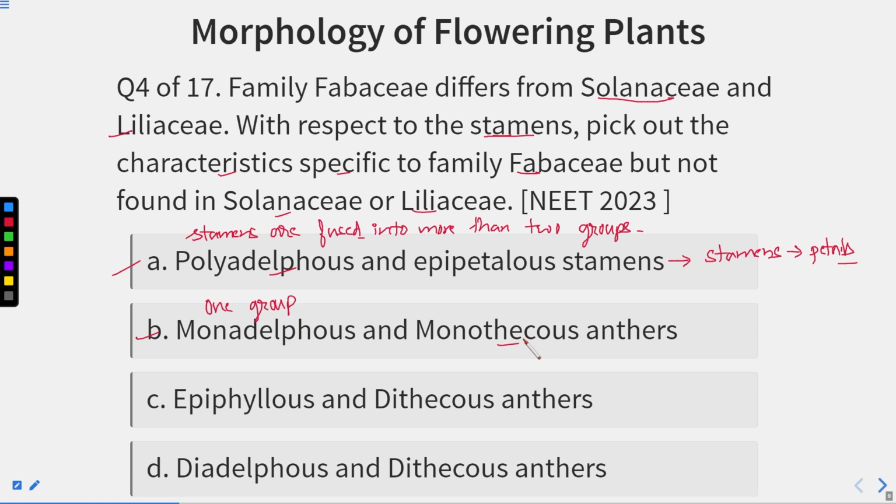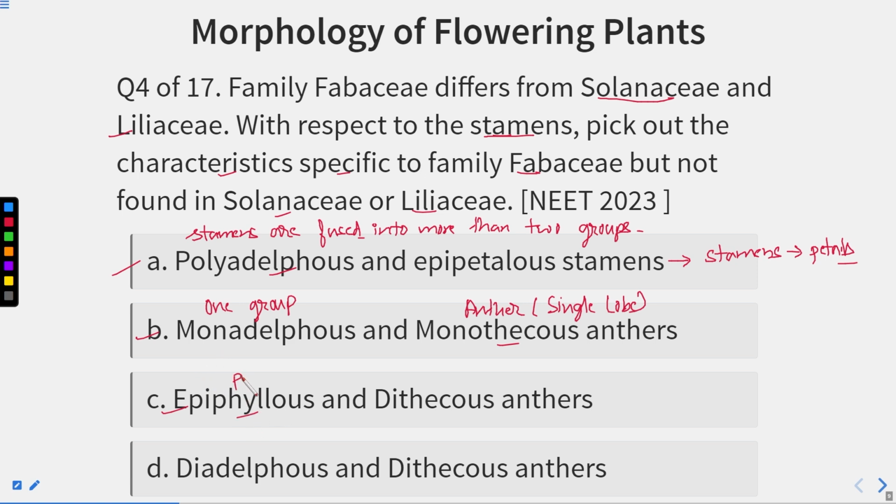Alright, what is monothecous? Monothecous is when the anther of the stamen has only a single lobe. Again, epiphylous. Epiphylous means when the stamens are attached to the perianth.